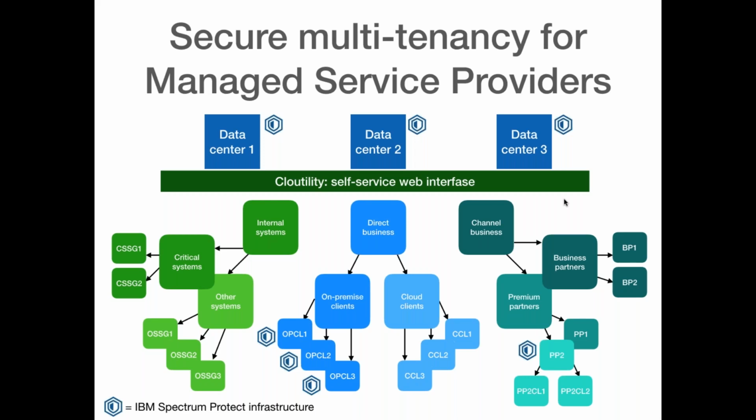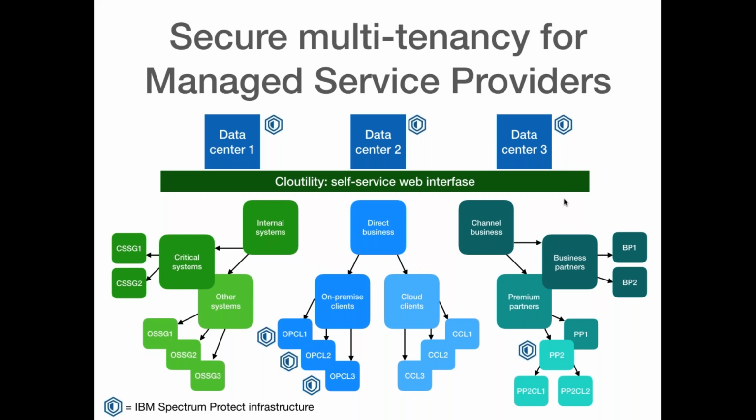And now, next to your Spectrum Protect environment, you install the Cloudtility solution, you connect your Spectrum Protect servers, and now you have the ability to start deploying the structure of your organization.